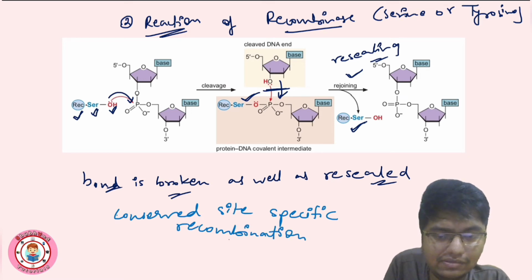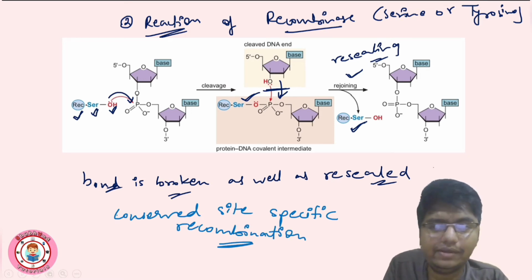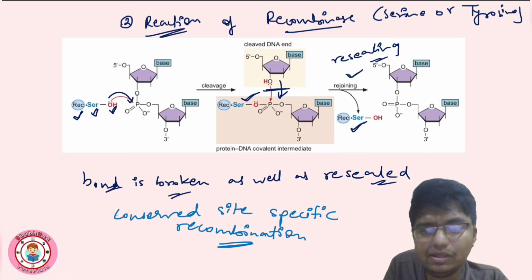Conserved means the bonds are conserved, right? Sequences are conserved. Sequences are not lost. Same as homologous recombination, but here the enzymes are different. Serine recombinases are there, tyrosine recombinases are there.